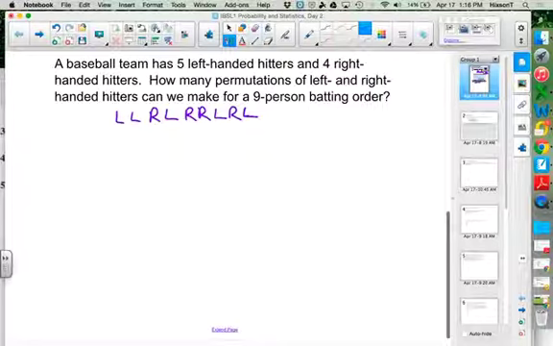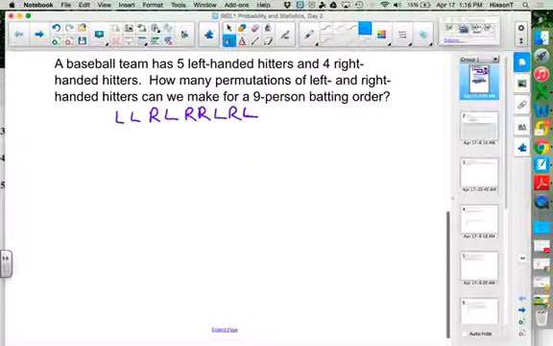Now, we don't care who it is, we just care which side of the plate they hit from. Maybe we want to mix up their pitcher, to make them face different ones rather than all the lefties in a row. Or mess up the outfield because they have to constantly shift back and forth.